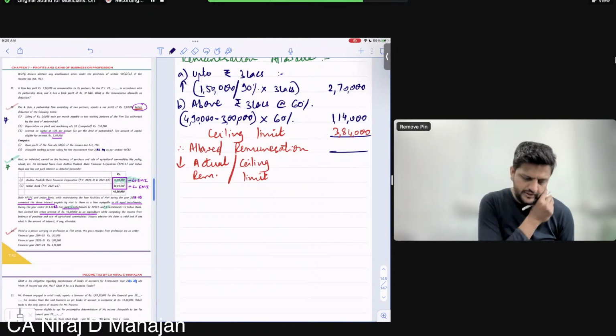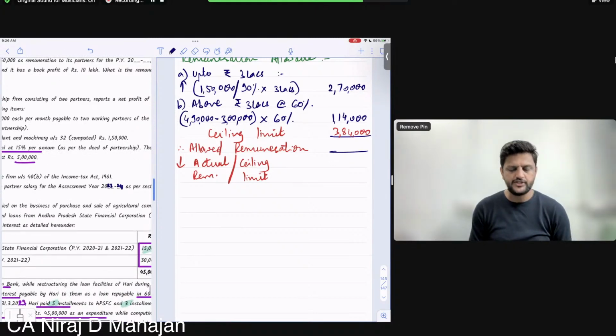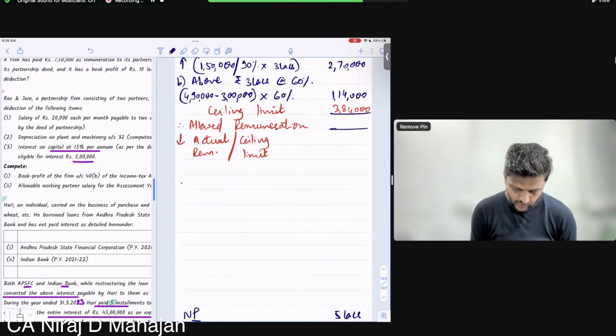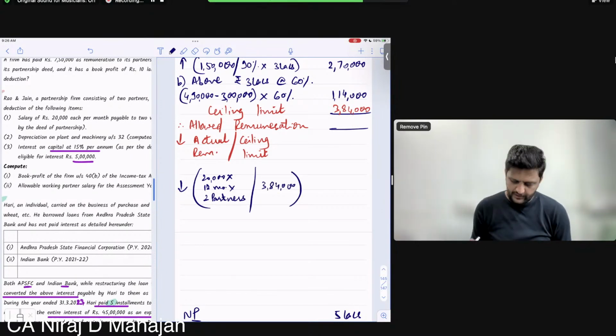How is it actually paid now? Check. 20,000 each per month to 2 working partners, है ना? Each. So lower of 20,000 each, 12 months, 2 partners, है ना? Or lower of what, बच्चों? 3 lakh 84. So it is lower of 480, na? Everybody correct?